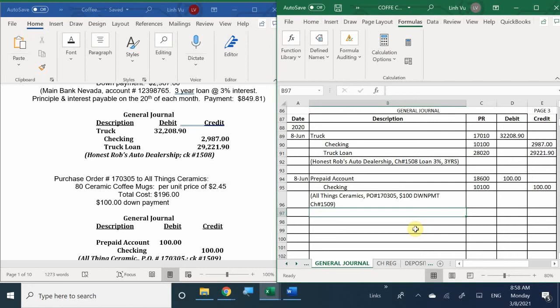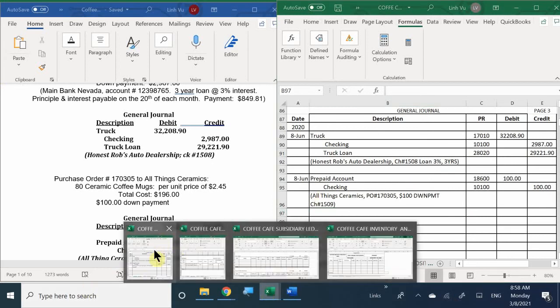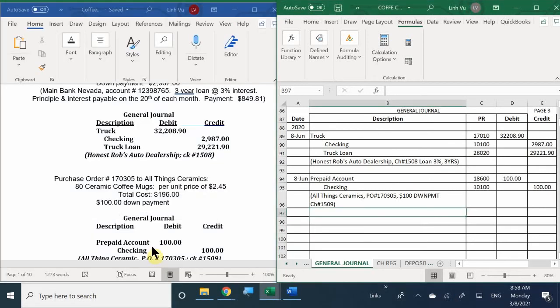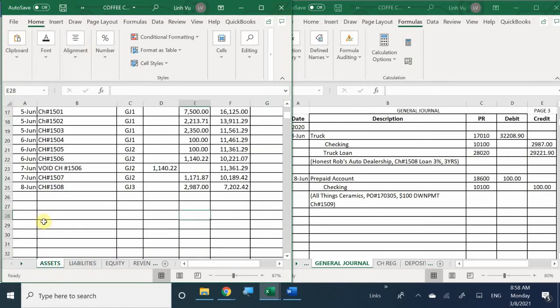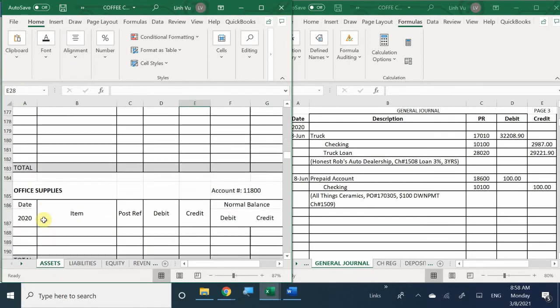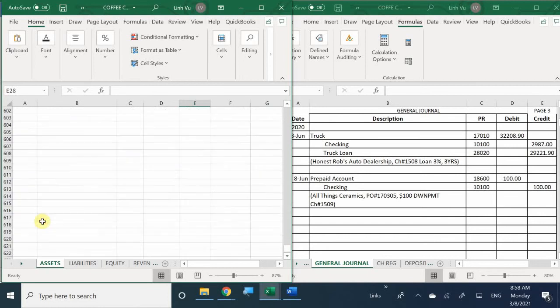Now we can go to our ledger and enter all that in. We mentioned that prepaid accounts is essentially like a voucher. So I'm going to go to my assets and scroll all the way down until I find prepaid accounts.